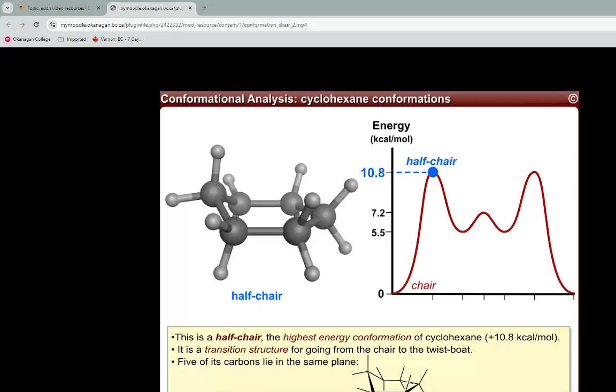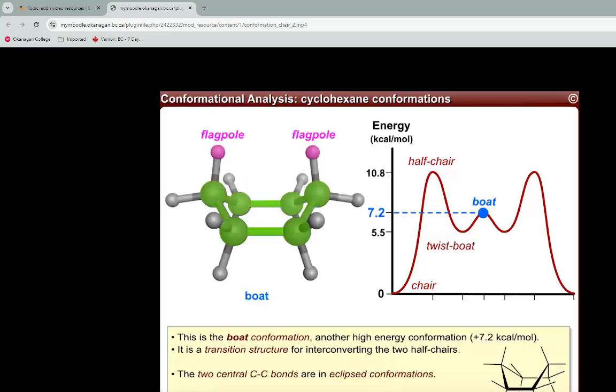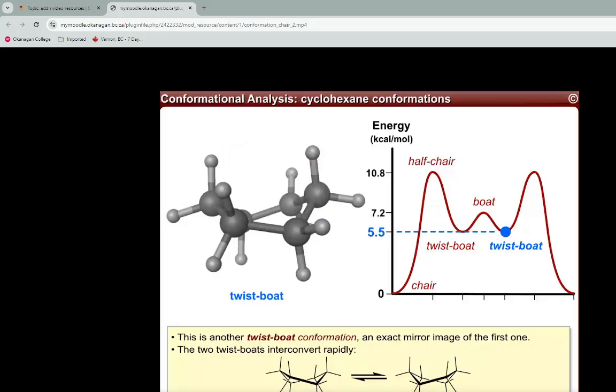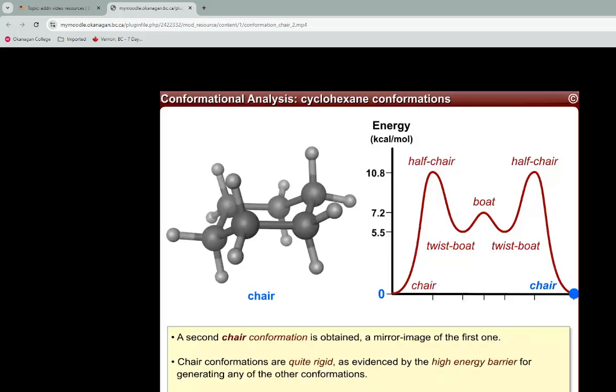There are sort of transition points: there's the half chair, there's the twist boat, there's what's referred to as the boat. But none of them are generally as stable as the two different chairs. And so now another twist boat, half chair, and then to the next chair, or the other conformer, if you will.